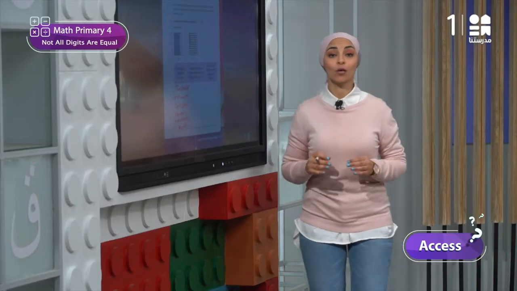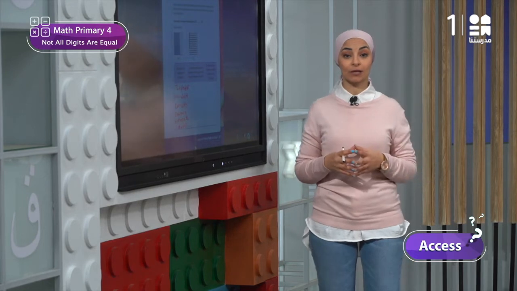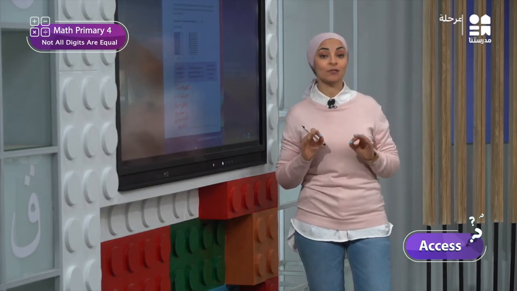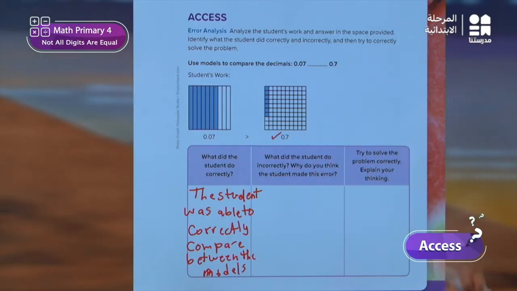طيب but when he wanted to express لما كتب بقى each model as a decimal he expressed the model divided into 100 parts. يعني الموديل اللي كان متقسم ل 100 parts and 7 of them shaded he represent it as 7 tenths. الكلام ده غلط.